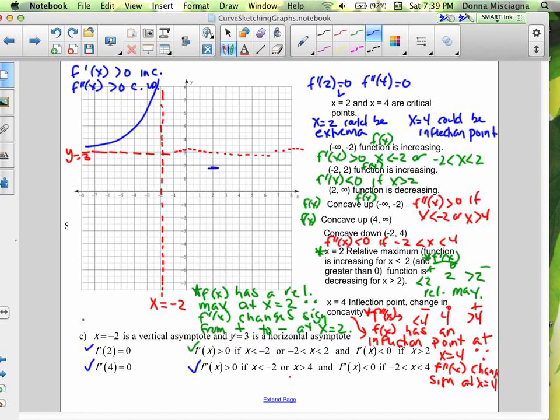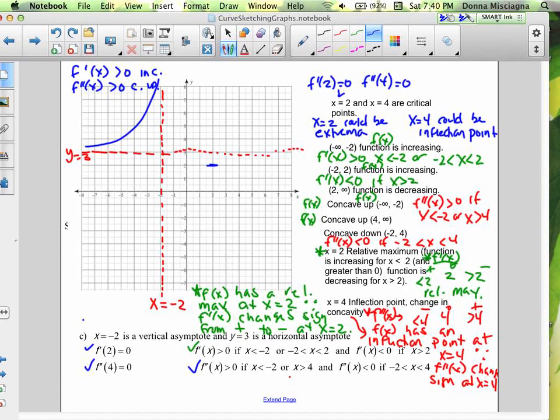So I'm just going to put a horizontal tangent line there because I'm going to shoot for that. If I have something to aim for, sometimes I'm better at making sure it's a relative max. And then where are we concave down? Concave down from negative 2 to 4, and then we've got to be concave up.